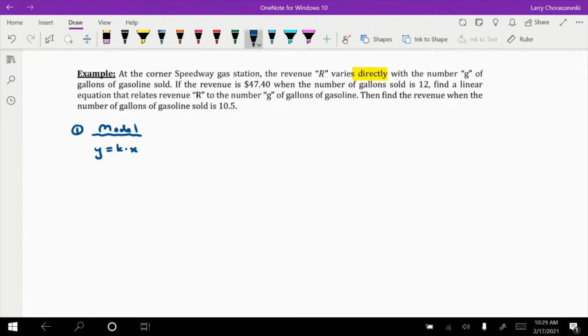They actually want us to use R and G. And let me give you a secret on how you can figure out what's going to replace y and what's going to replace x. The letter that's to the left of our keyword directly, namely capital R, that's what we replace y with. And then the letter to the right of the word directly, the letter G, that's what we're going to replace x with.